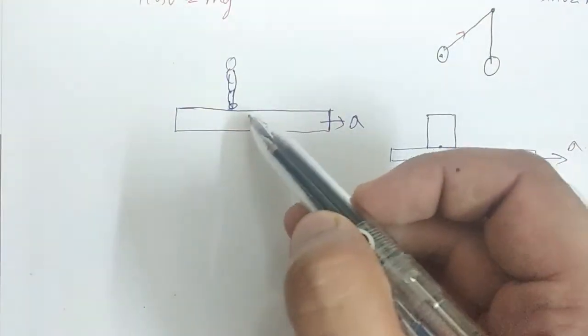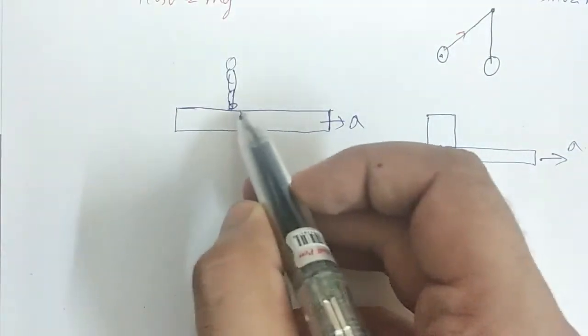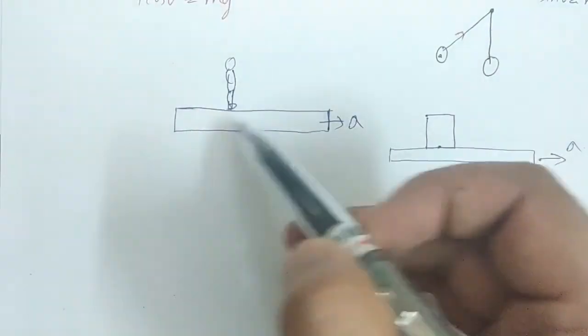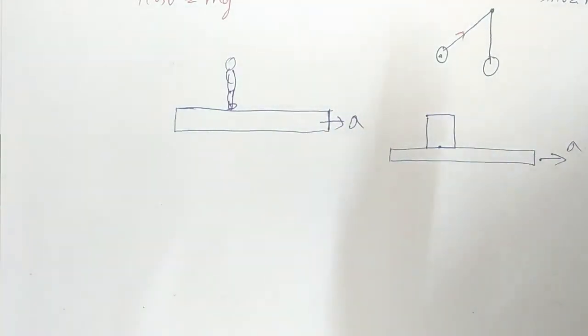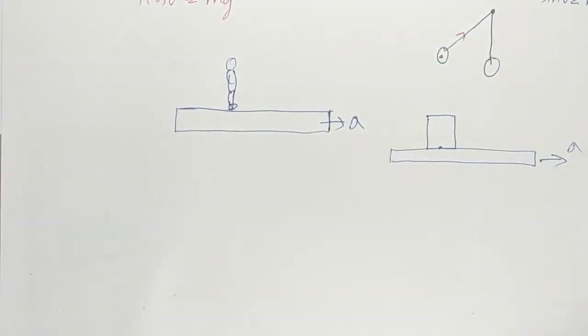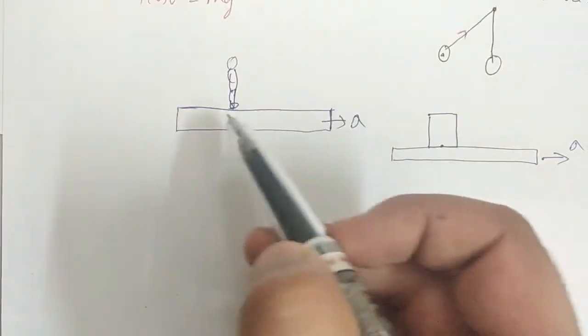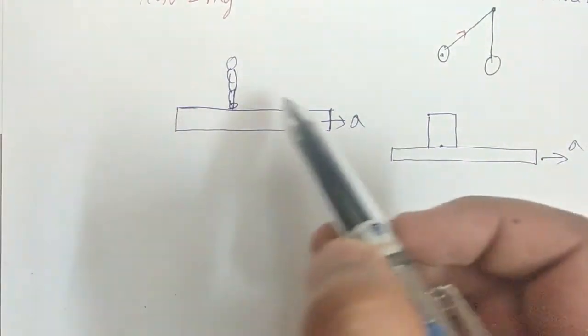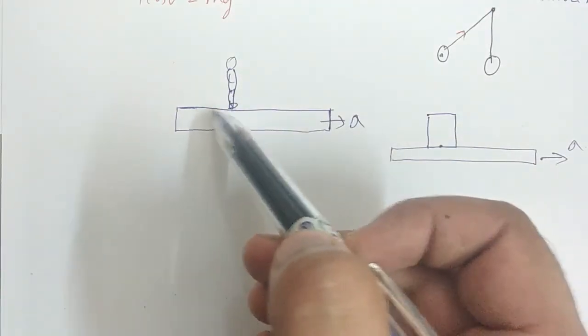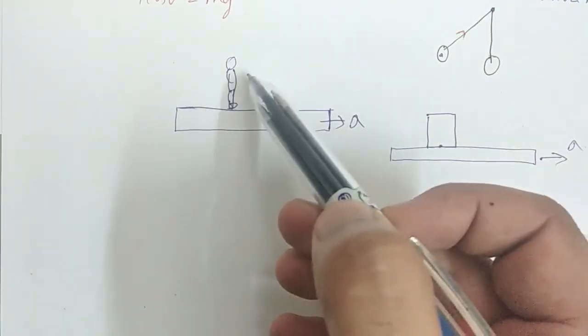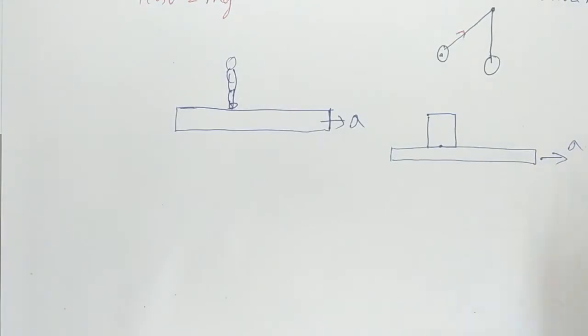The friction is applying a force in the forward direction such that it is trying to move this person in this forward direction with this surface. That is an obvious case. Otherwise, if this were completely smooth, this would move forward and slide, and this person would not be able to move forward with this surface.